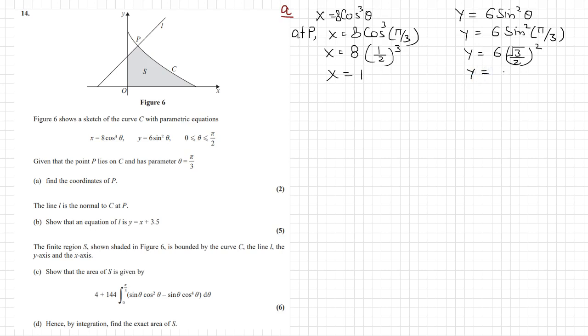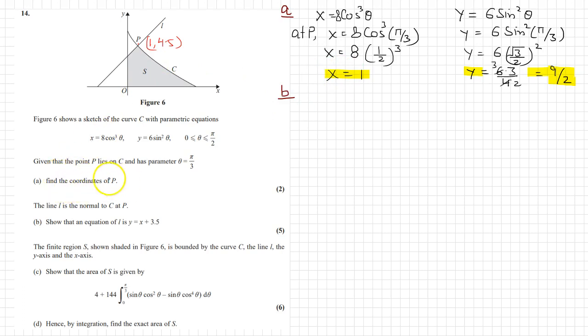So y will be 6 multiplied by 3 over 4. This is 2, this is 3. So this will be 9 over 2. So the x coordinate is 1 and the y coordinate is 9 over 2. You can write 4.5, you can write 9 over 2. These are the coordinates of point P.